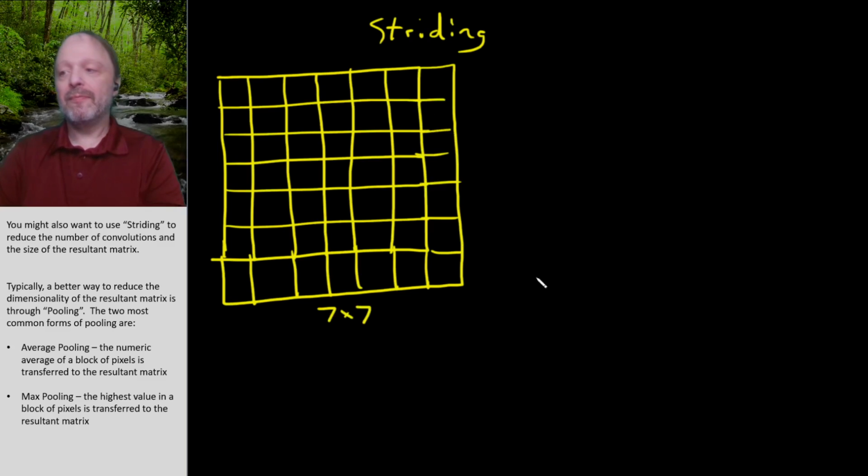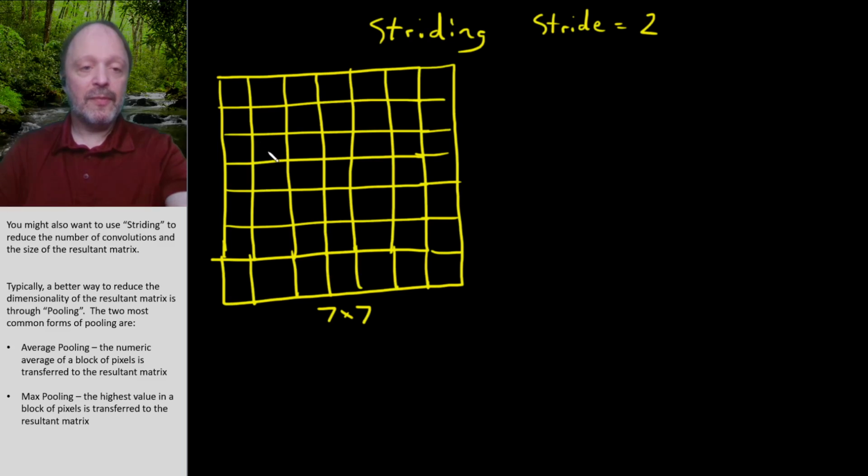7x7 right here. If I do a striding of 2, stride equals 2, here's what it's going to look like. And this is with a 3x3 filter. It's going to start here, but it's not going to move 1 pixel over, it's going to move 2 pixels over when it's done. So the next one is right here.